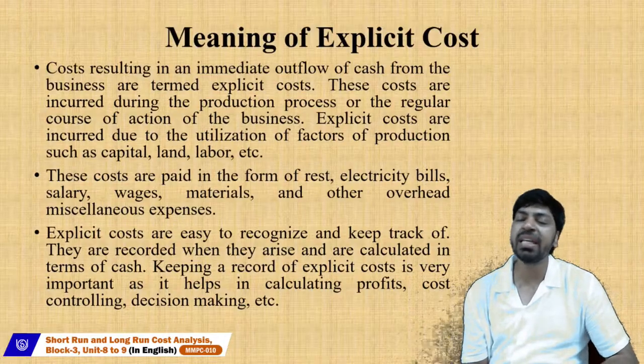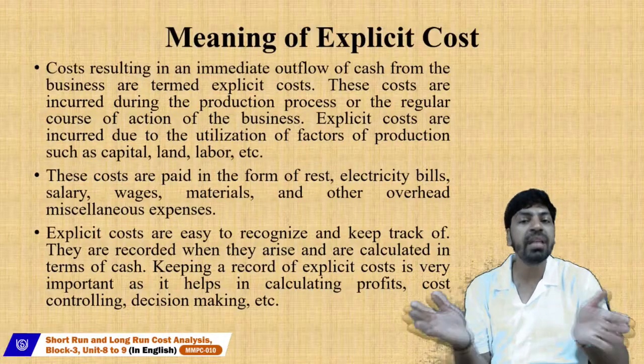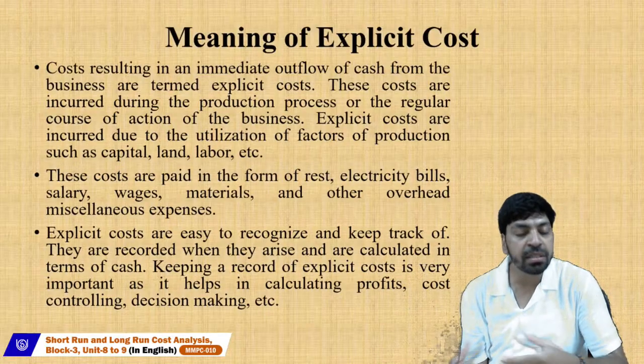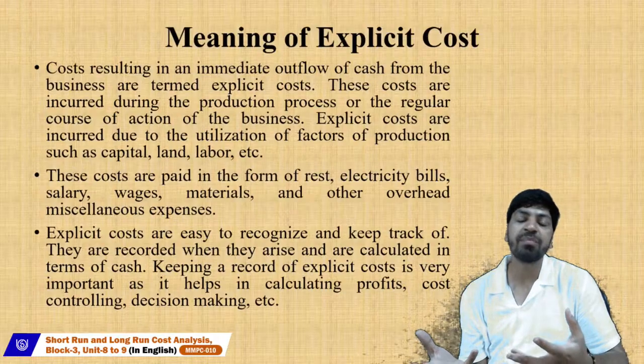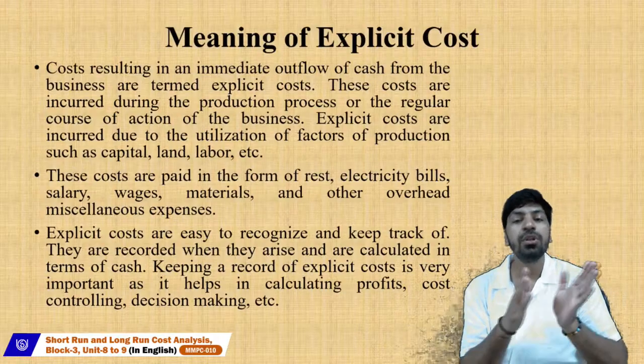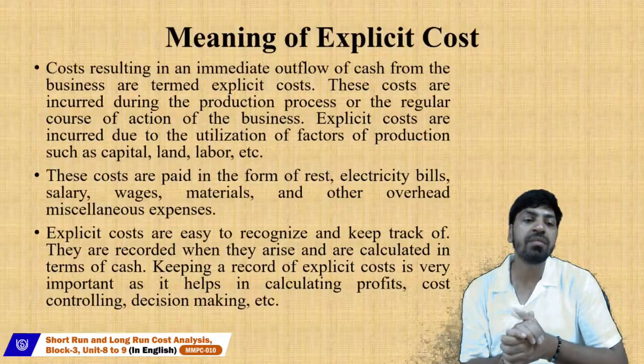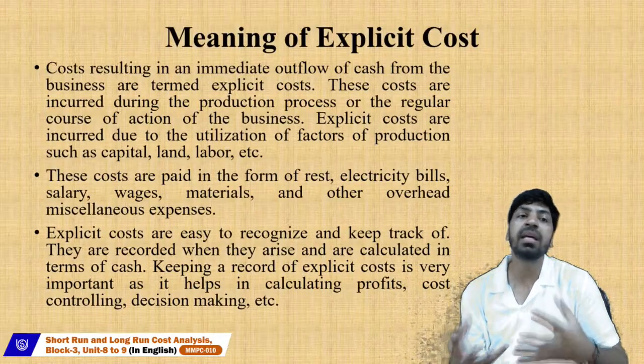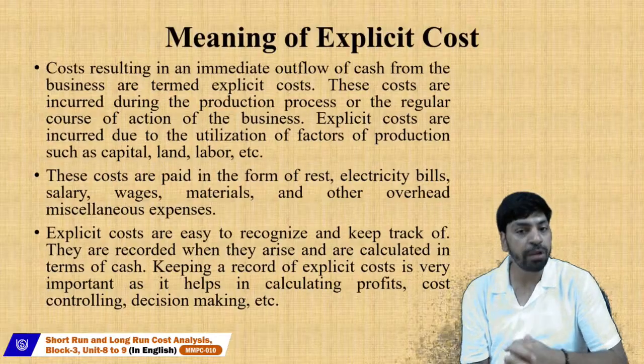Explicit costs are very easy to recognize, because whatever expenses are incurred to form a particular product, and whatever factors of production are used during the production of goods and services, those costs or expenses are called the explicit cost.